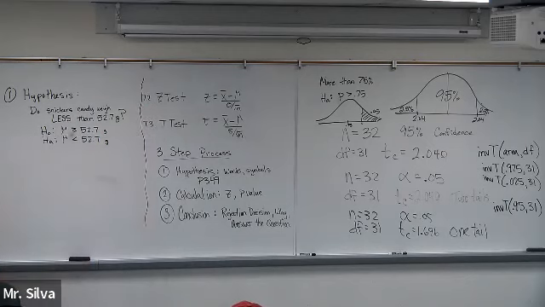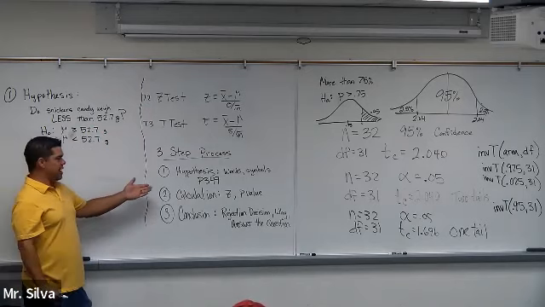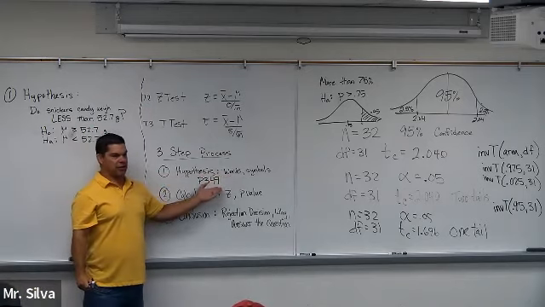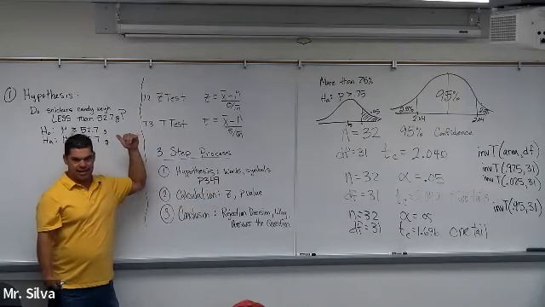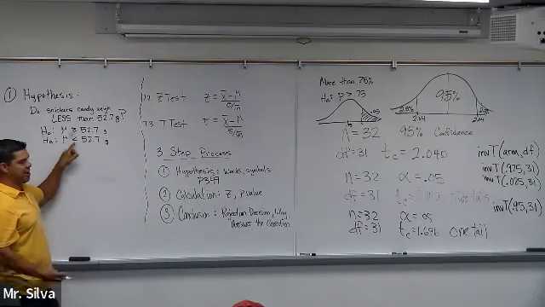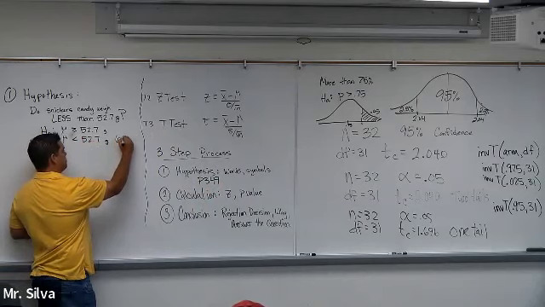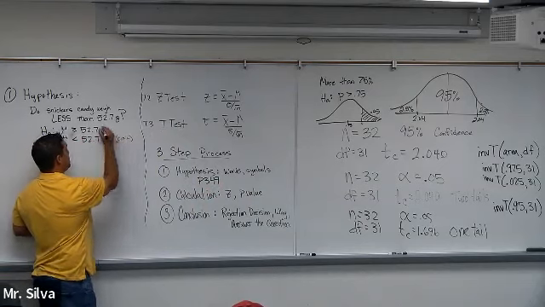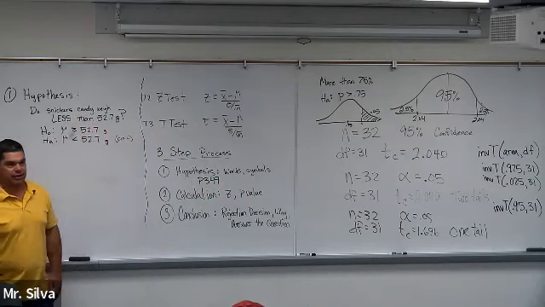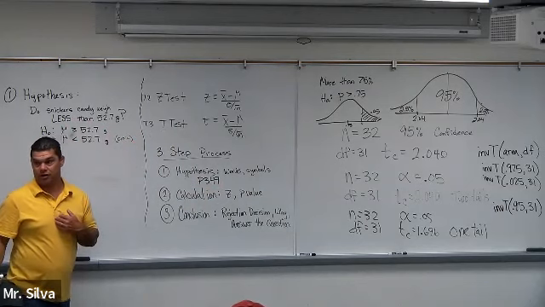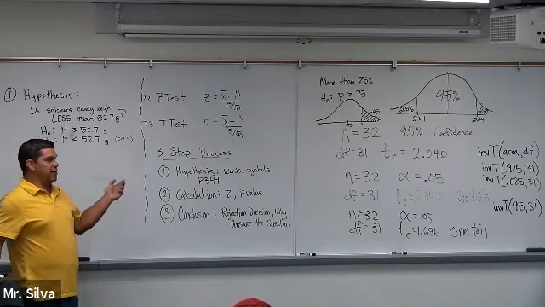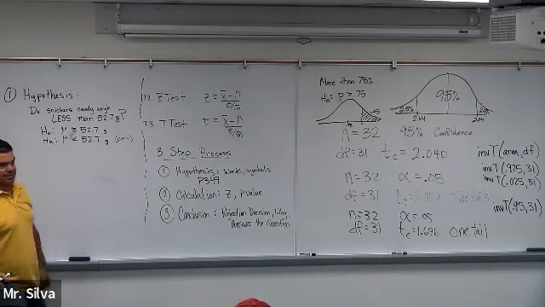Divide the board up a little bit. Okay. So what are we doing? We wrote the hypothesis in words and symbols. Where did this come from? We have the words less than. Less than is our alternative hypothesis, and that's our claim, because that's what the question is asking. If I thought they gave us more than what it says, then I would do a greater than. I would do a right tail test.